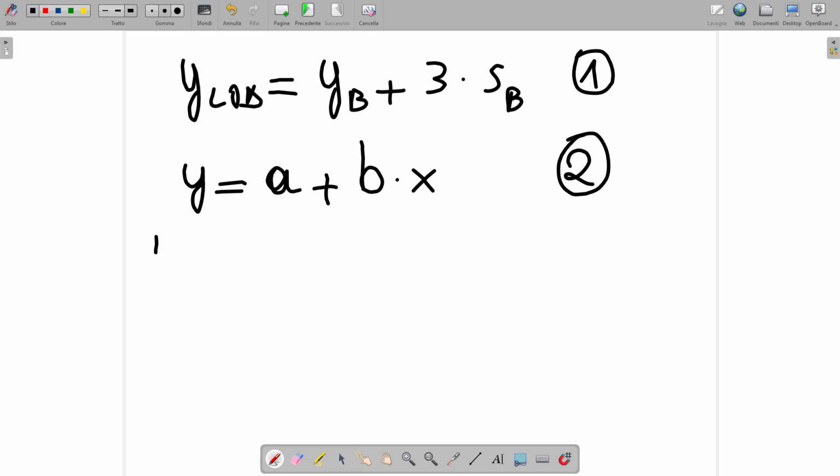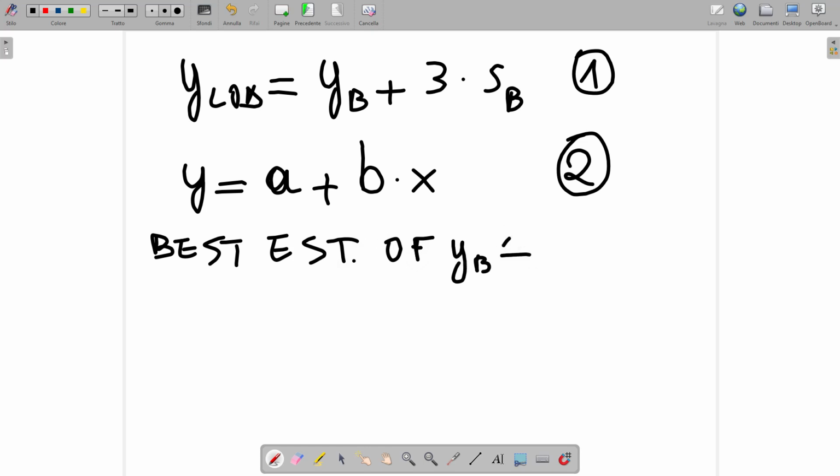So the best estimation of YB is the intercept of the model of calibration. Is it okay? Okay. Now, we can demonstrate that the best estimation of the standard deviation of the blank is the standard deviation of regression.